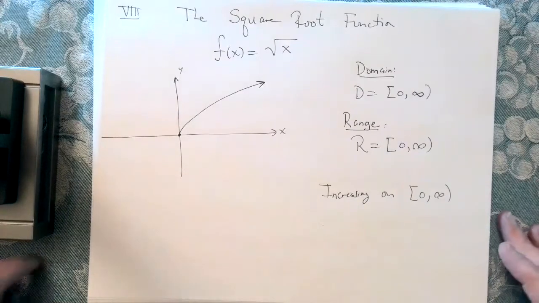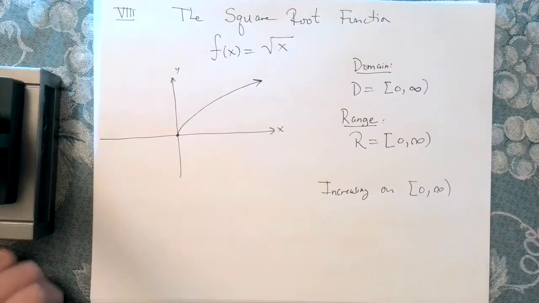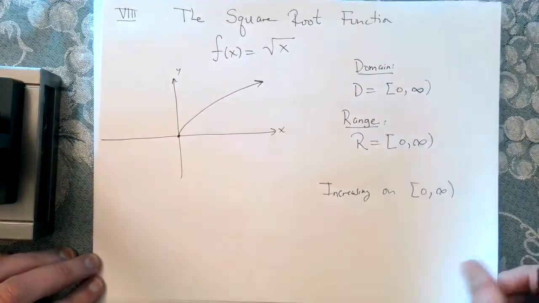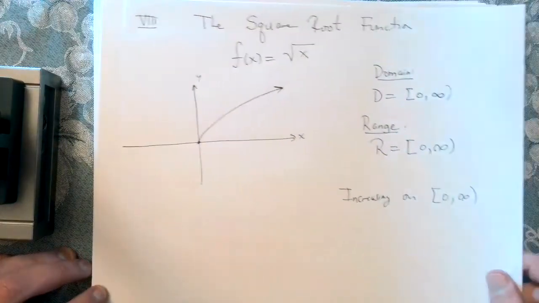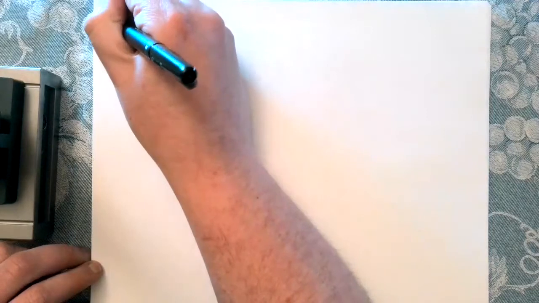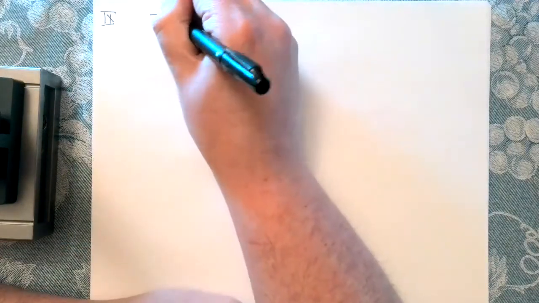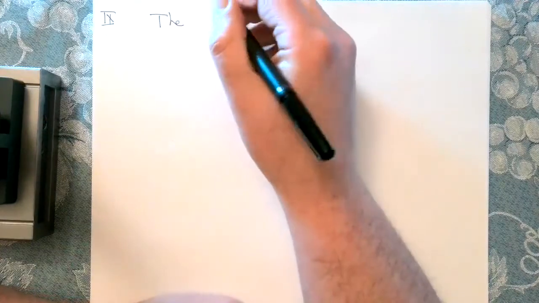And then lastly, I want to talk about quite a special function. And so this one we're going to explain quite a bit. I think this will be 9. This is the greatest integer function, also known as the step function.